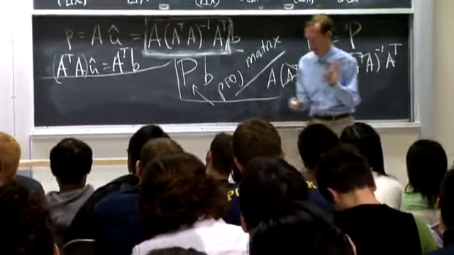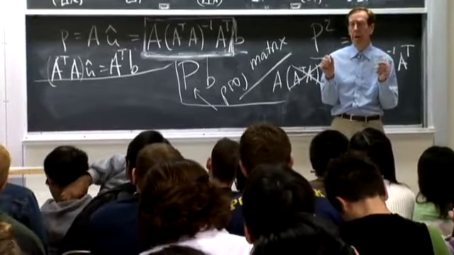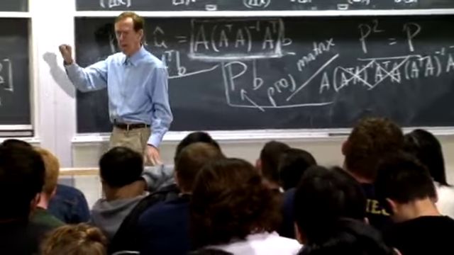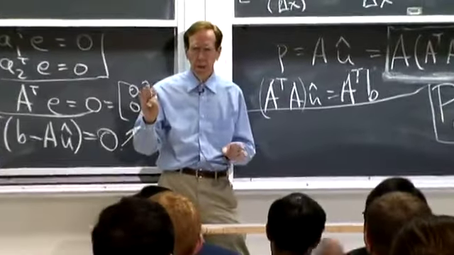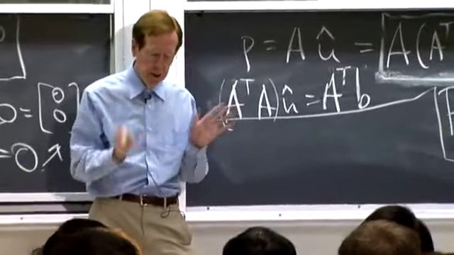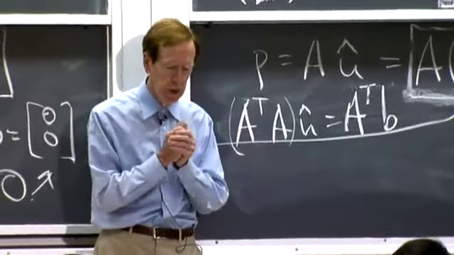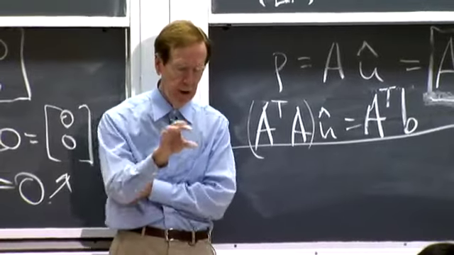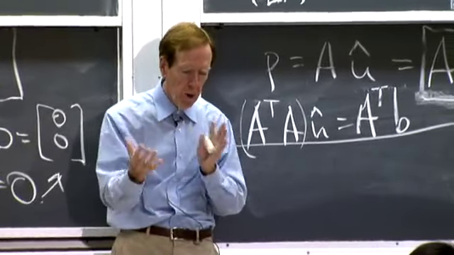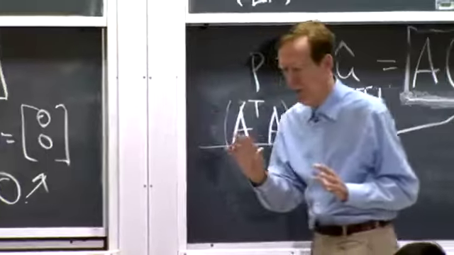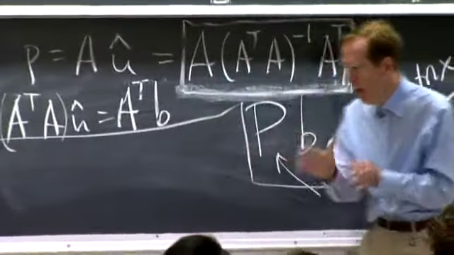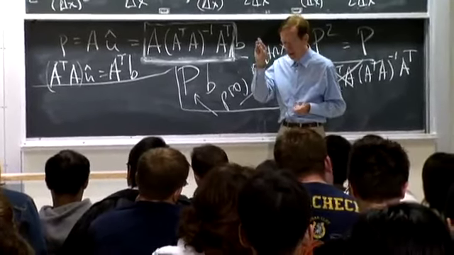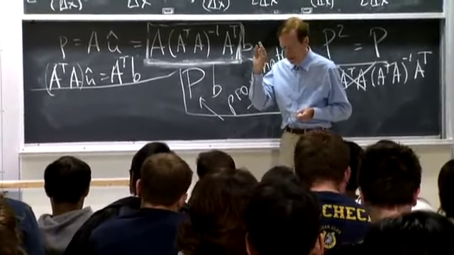What I'm doing here now is separating the positive definite case, when A transpose A is positive definite, the good normal case, when all our equations work, from the semi-definite one, where somehow the experiment wasn't well set up, and we got an A transpose A that is singular.